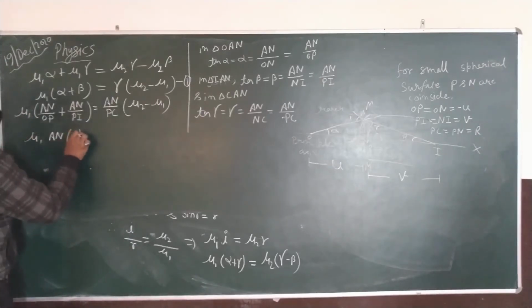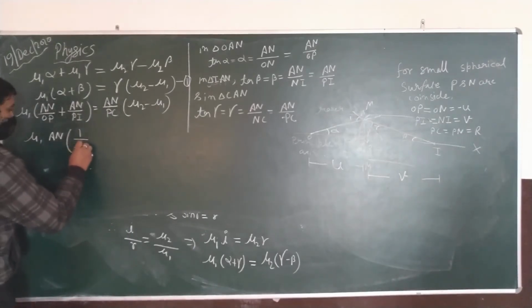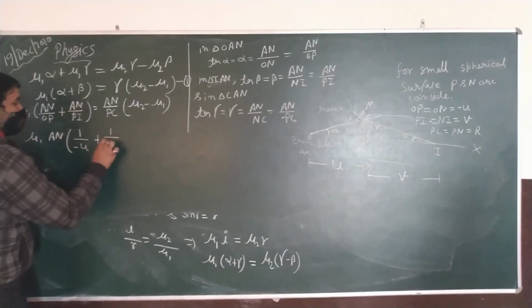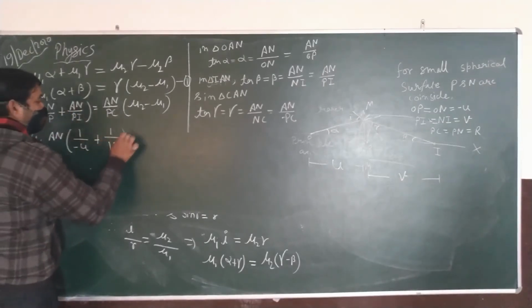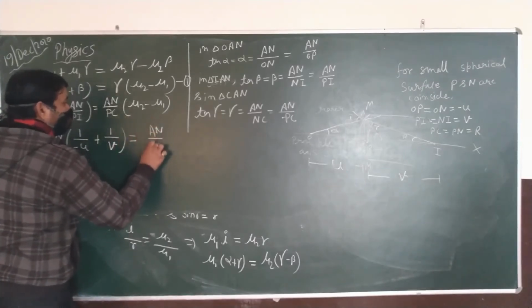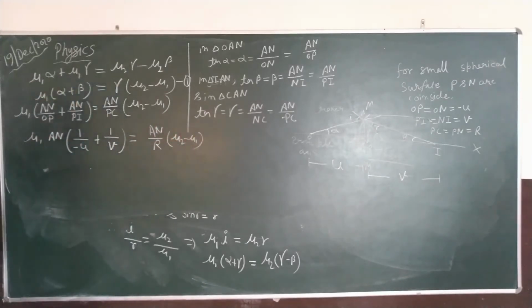We get 1 upon OP we have minus u plus 1 upon PI we have v is equal to AN upon R into mu2 minus mu1. Clear?